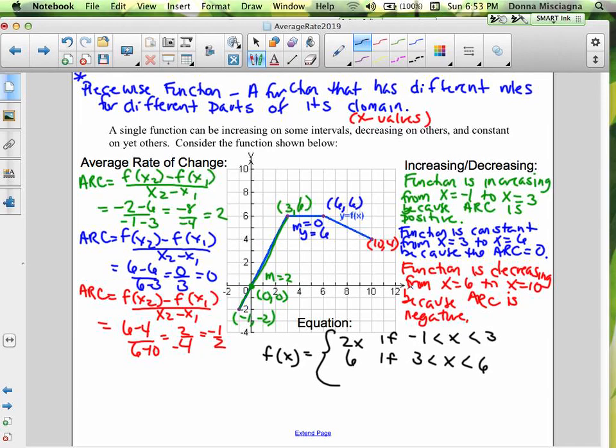Just give it to the first one. If you have no equals in there, there's going to be a hole in the graph because at no point would x equal 3. And if the two pieces meet up, then it doesn't matter who you give the equals to. Just give it to one of them.